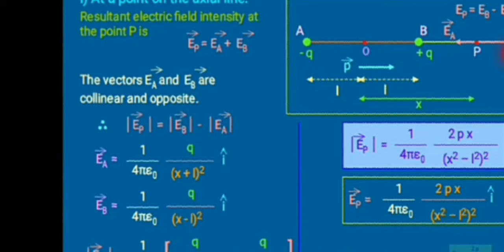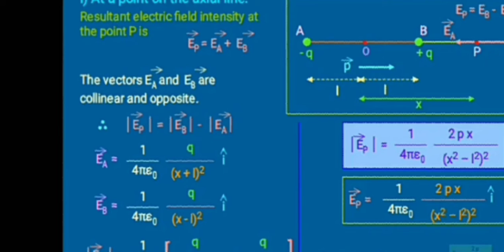It is shown by EB. And total field intensity at point P, EP is equal to the sum of EA and EB, EB minus EA. In magnitude, this is negative, so minus EA is taken in the sum and EB is positive.